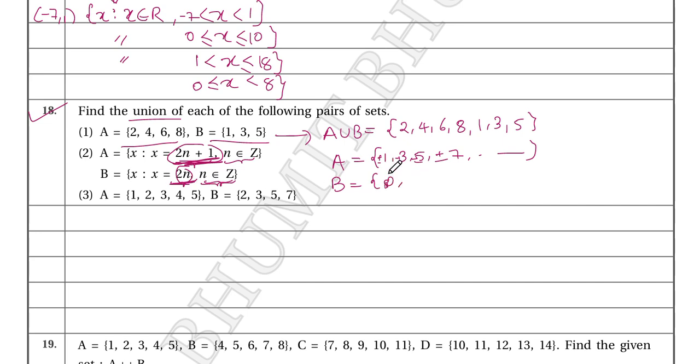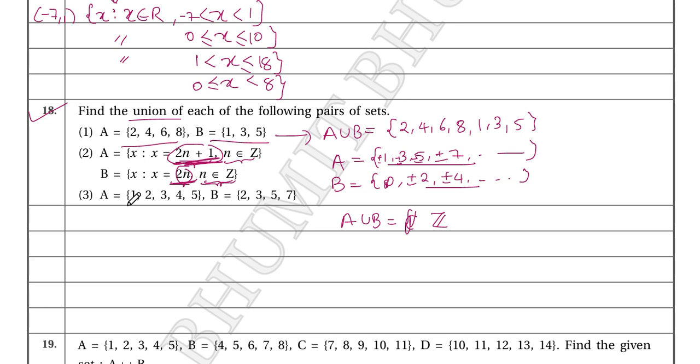Okay, 0 will be there in this set. 0 is neither even nor odd. So here plus or minus 2, plus or minus 4, and so on. So if we take A union B, we will get all the integers, odd and even. That means your answer is exactly the full integer set Z. Okay? Because if you combine odd and even integers, you get the whole set of integers.